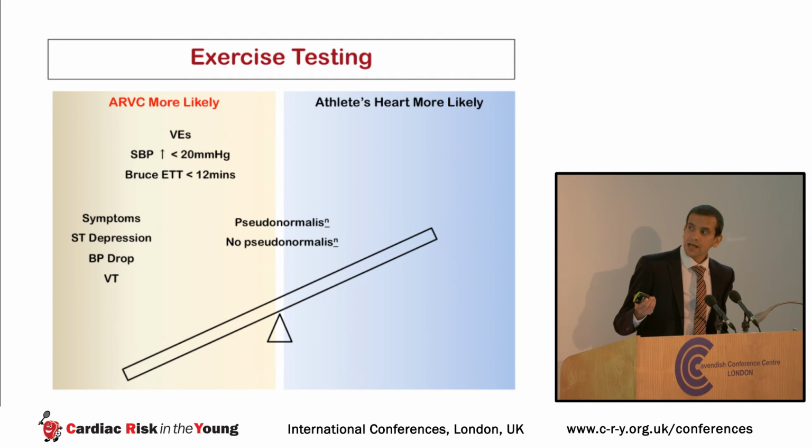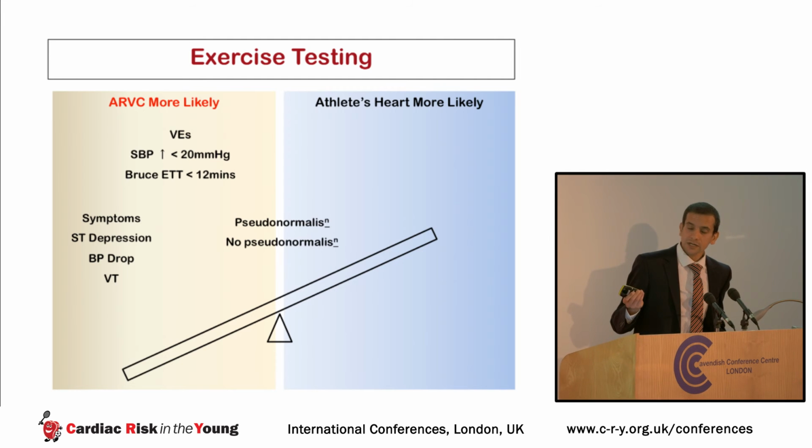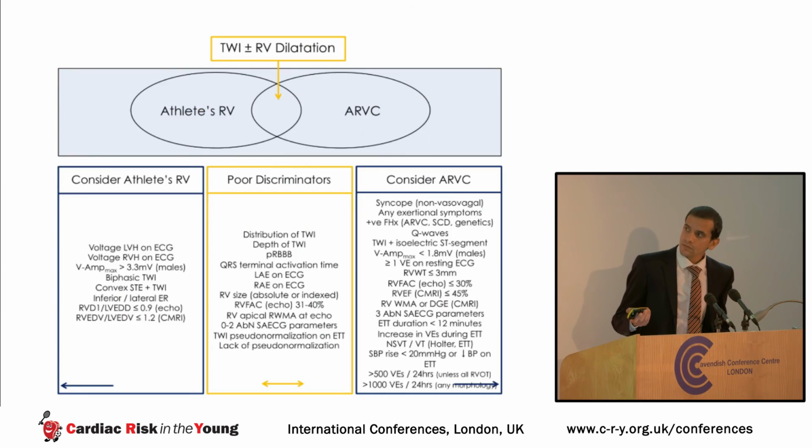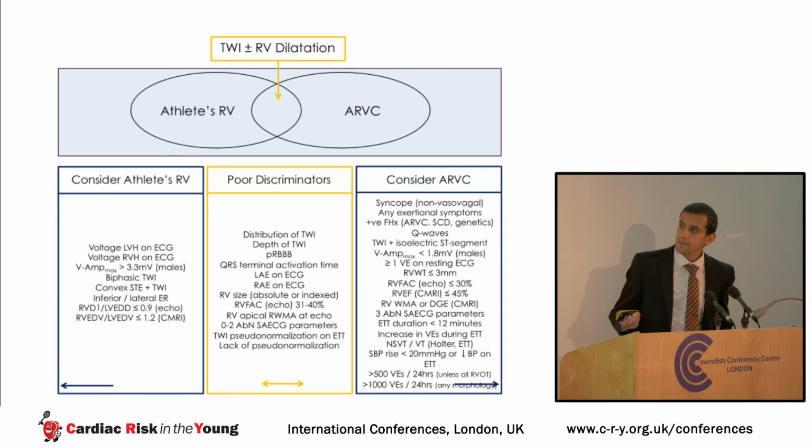And again, healthy athletes should not demonstrate cardiovascular symptoms, ST segment depression, a drop in the blood pressure, or ventricular arrhythmias during exercise. And this is a summary slide that you can find in the paper which shows our discriminators, suggestive of ARVC, athlete's heart, and suggestive of ARVC.